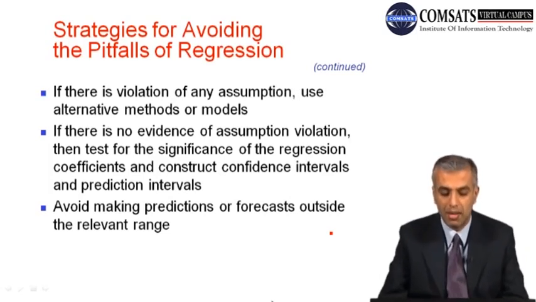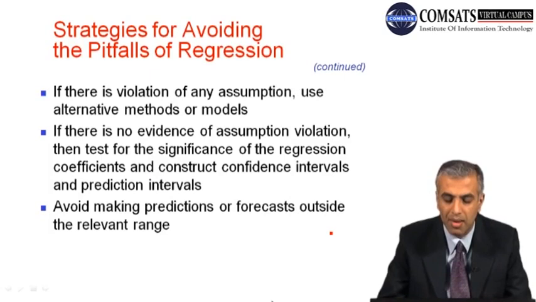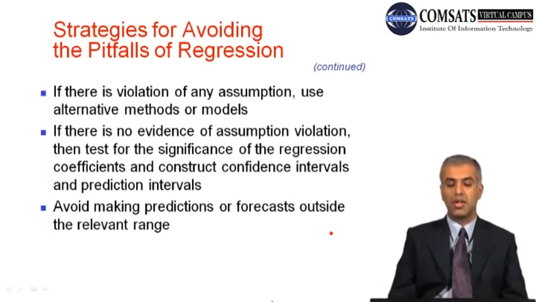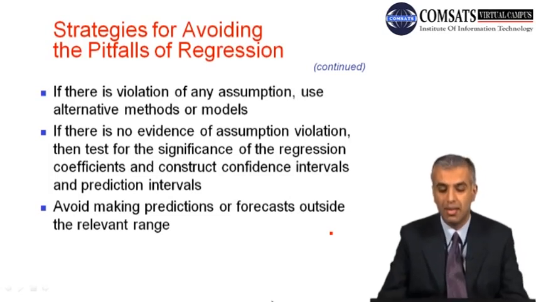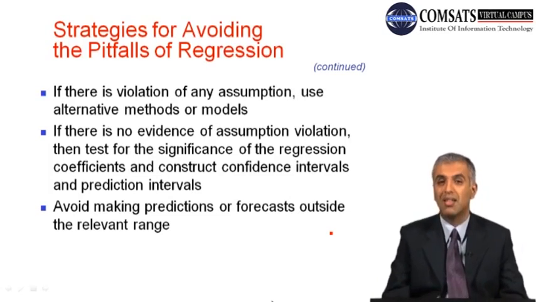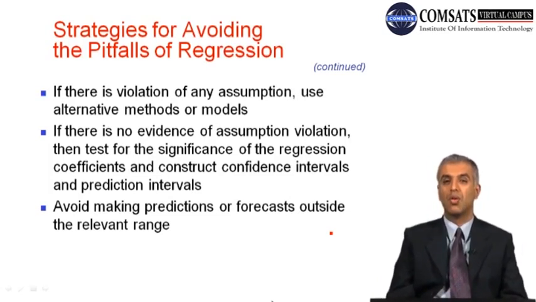These are the various conditions, and again we should avoid making predictions outside the relevant range of values, because once you go outside, the regression analysis does not hold true. So these are the important pitfalls which need to be addressed.